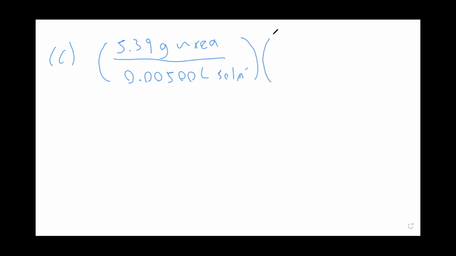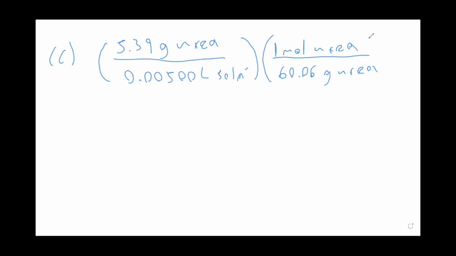And we're going to divide it by the molar mass of urea. So we have 1 mole urea, and for every mole there is 60.06 grams of urea. Nice and easy.